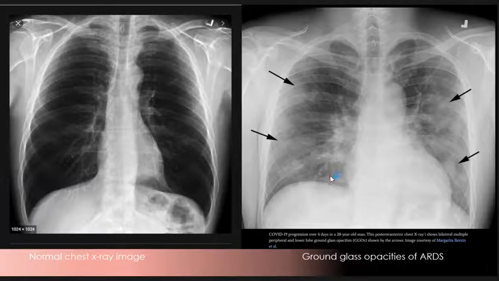This is actually the X-ray of a 28-year-old man who had been infected with COVID-19 over 4 days. So this is probably someone who is a smoker, because this is a very quick way to get ground glass opacities. But anyway, this is an example of what the ground glass opacity of ARDS looks like.